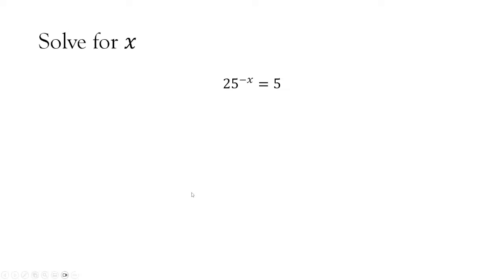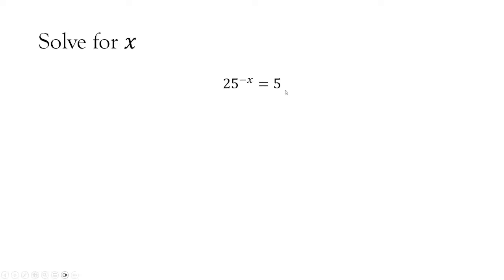What if I look at 25 to the negative x is equal to 5? Again, I have an exponential equation, and somehow I want to make the bases match. It's not like the previous one where the bases already started off matching from the beginning. In this case, I have to do some realignment. So let's look at 25 and 5. How do I make these bases match each other?